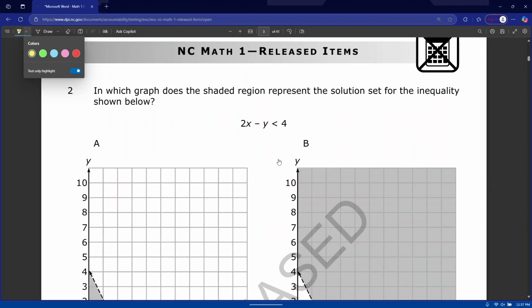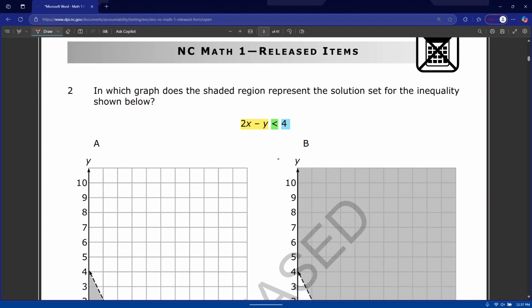Moving on, in which graph does the shaded region represent the solution set for the inequality shown below? There's 3 bits of information here. The expression in yellow, the inequality symbol in green, and the limit in 4.